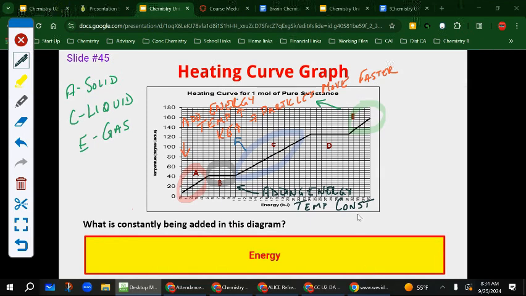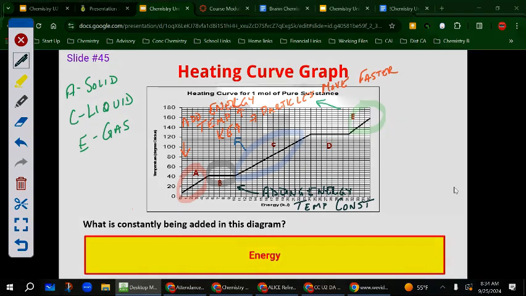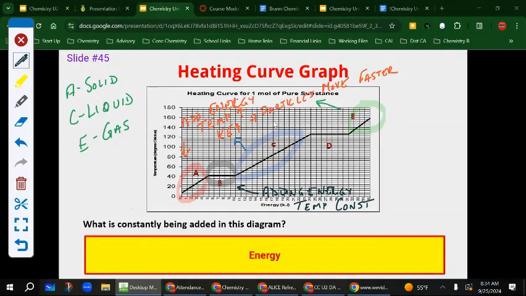Why isn't the temperature increasing? Okay. But for temperature to be constant, what does that mean for kinetic energy? If it slowed down, what would happen to temperature? Kinetic energy must be the same, correct? Which means what happens to the particle's movement?